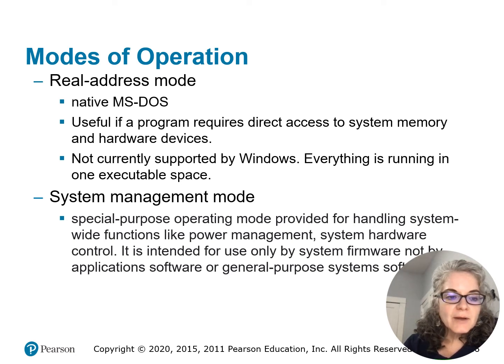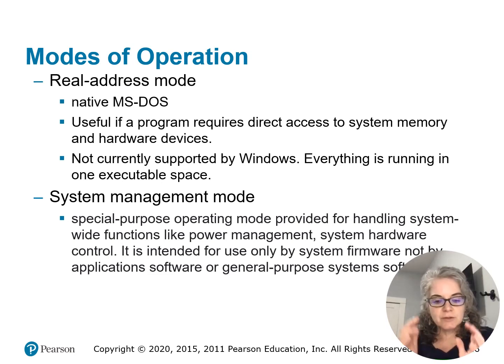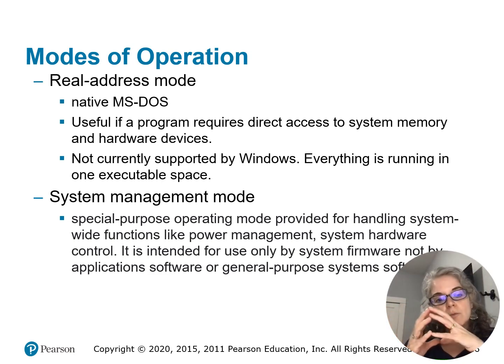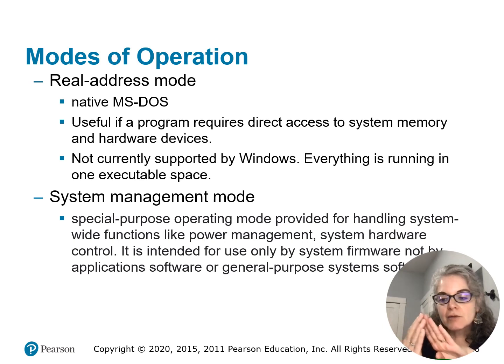There's a mode that we'll look at in a minute that's called protected mode. So here, what's important is that when you're in real address mode, everything is running in one executable space. That means that if you have four processes running, they're all in the same memory space.